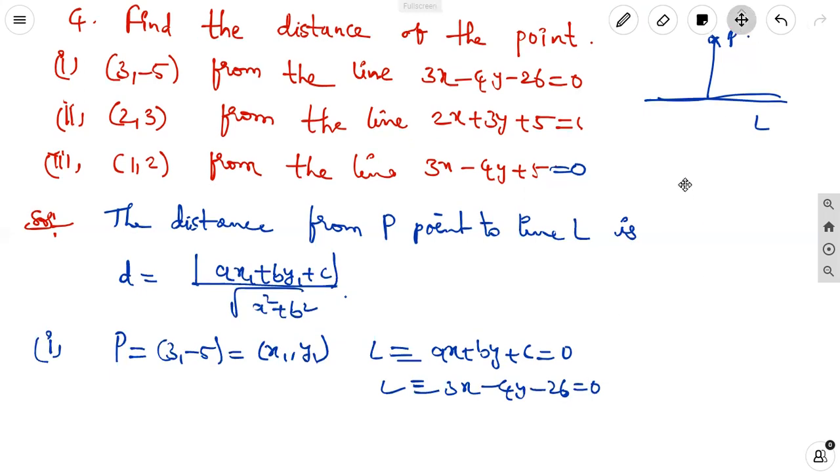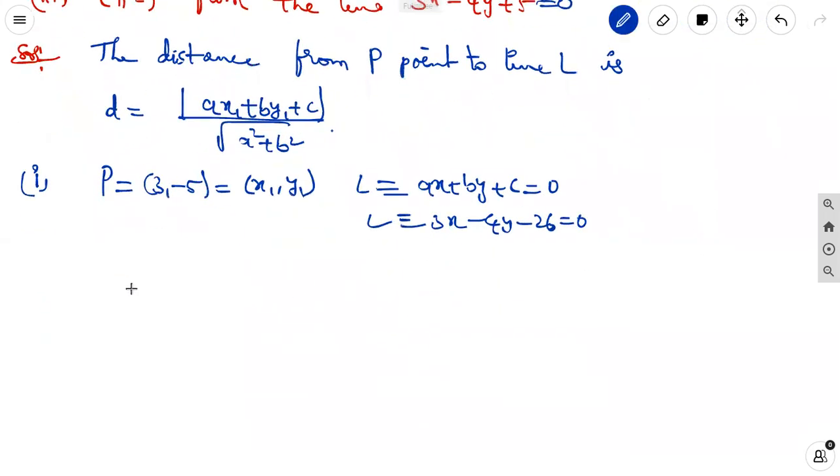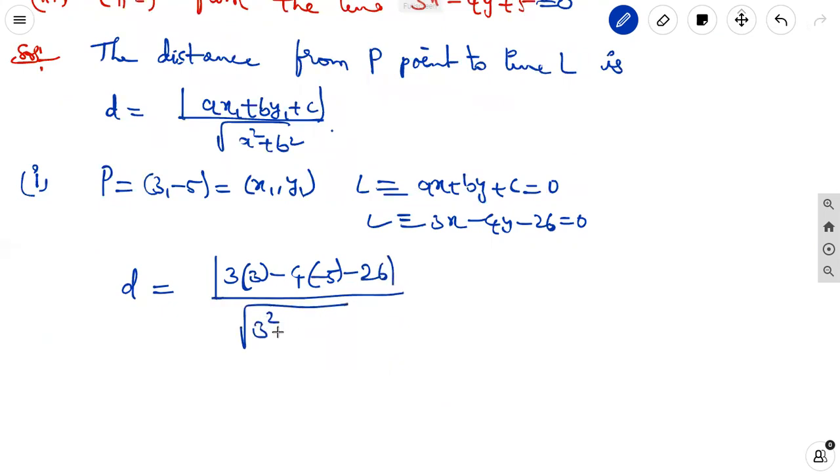Now we can apply the distance formula, small d is equal to modulus of a is 3, x1 is 3, minus b is 4, y1 is minus 5, c is minus 26, by under root of a square means 3 square plus b square is minus 4 whole square. Comparing the two, a is equal to 3, b equal to minus 4, c equal to minus 26.